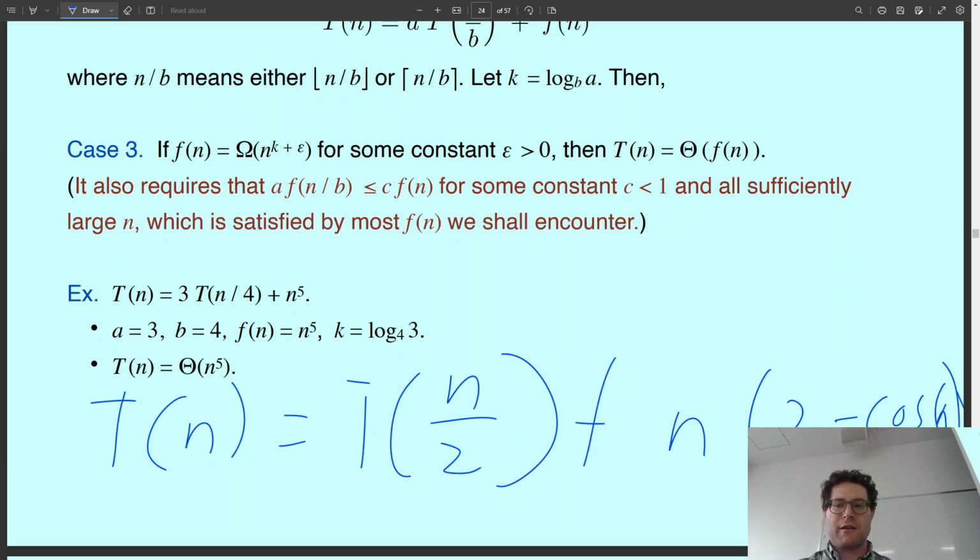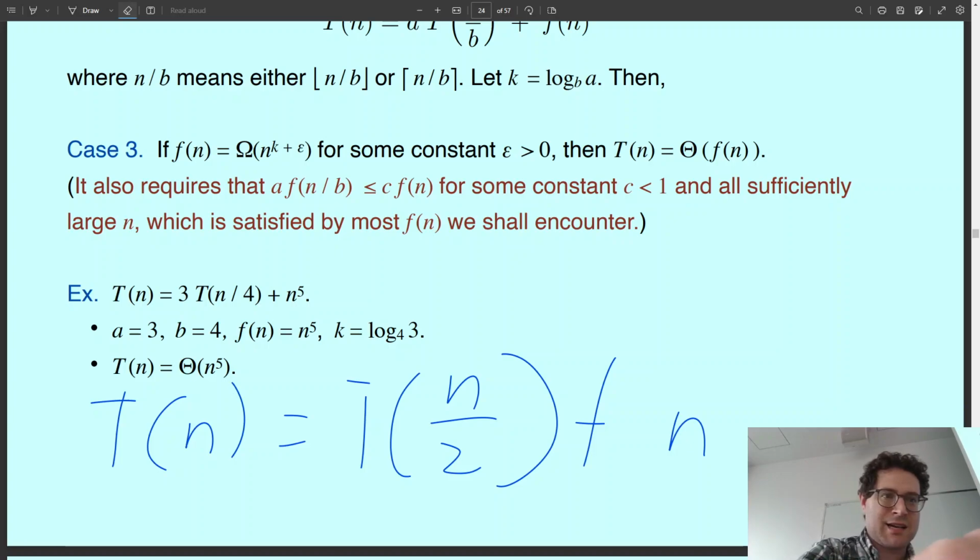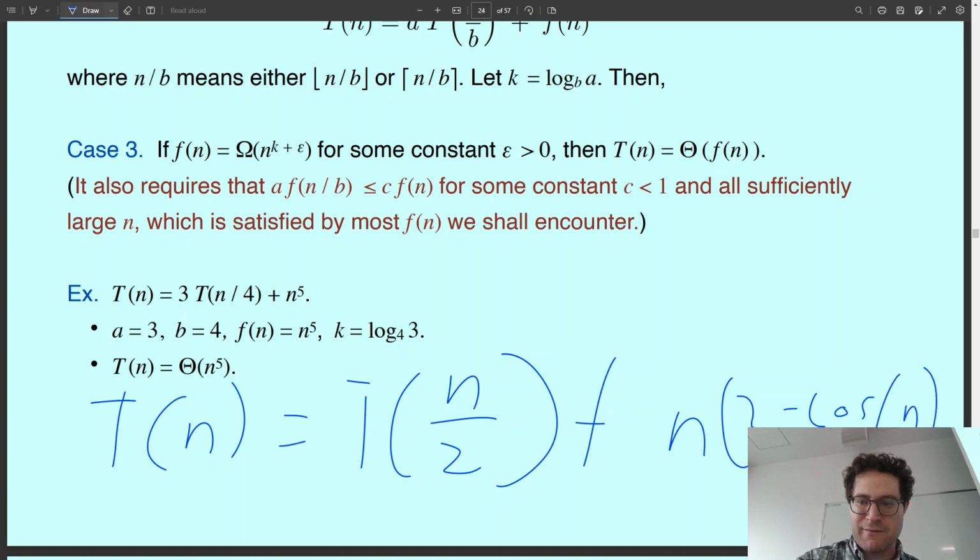Sorry, let me go ahead and erase and redraw that a bit better. n times 2 minus cosine of n. Notice that this term, as n goes to infinity, is going to constantly vary because that's what cosine does. So it's going to be very wavy. It doesn't really help us for our analysis here.